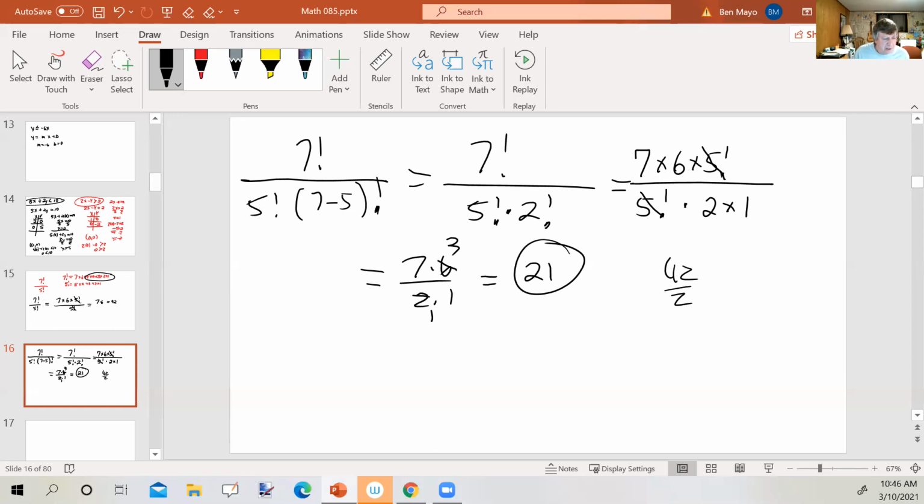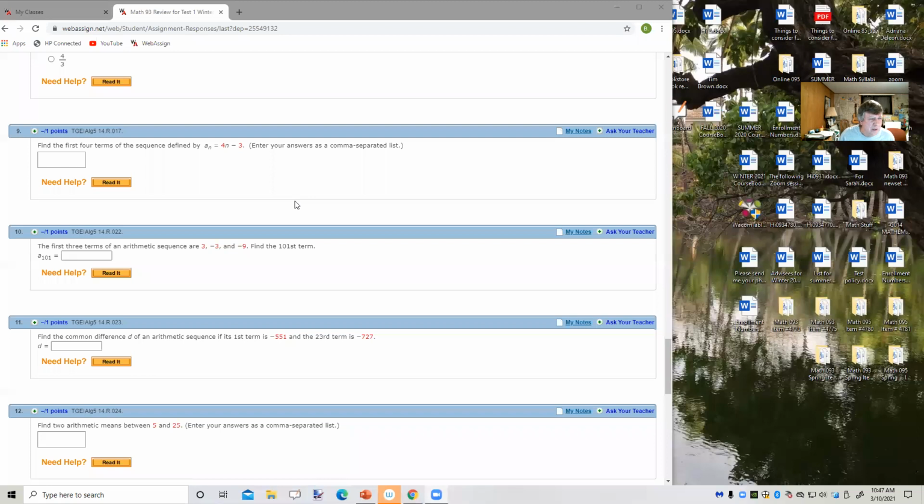Let's take a look at, let's see here. This is taking us to section 14.2. It says, find the first 4 terms of the sequence defined by a sub n equals 4n minus 3.